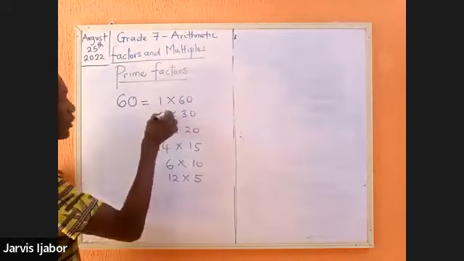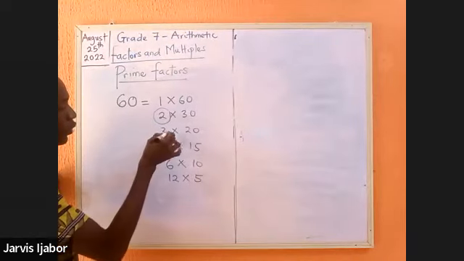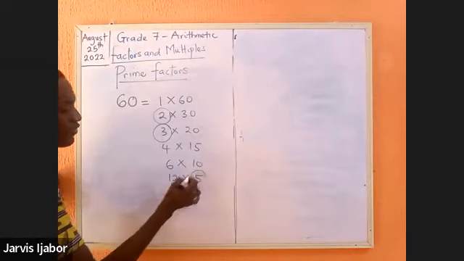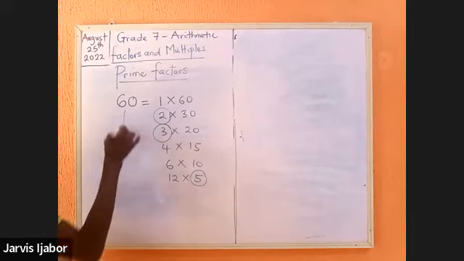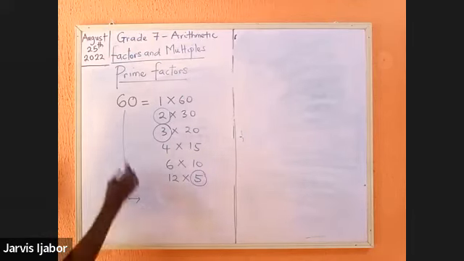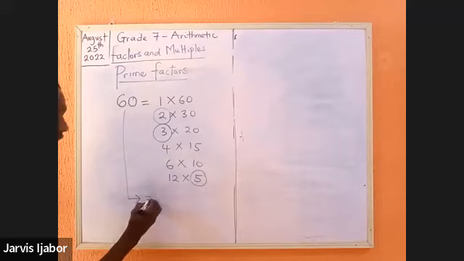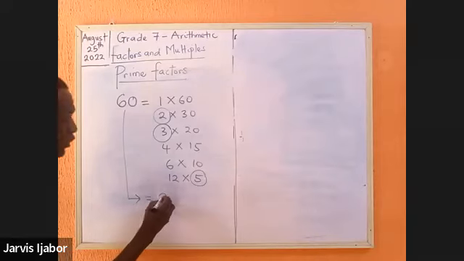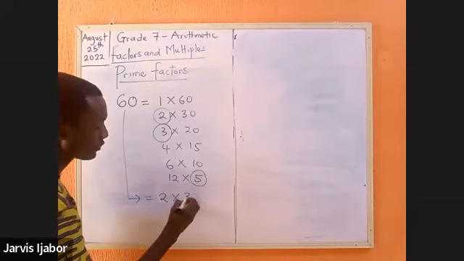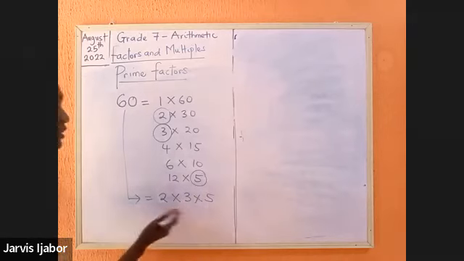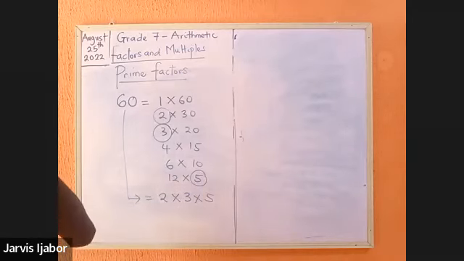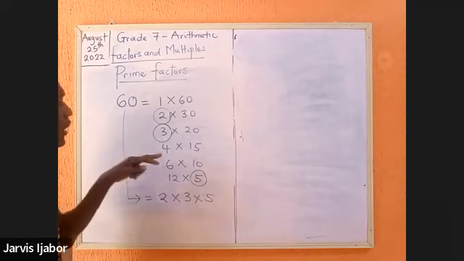So look at it. We're going to have 2, we're going to have 3, and we're going to have 5. If I'm going to write out the factors of this number, if I'm going to expand this now, these are the 3 numbers I'm going to have here. Now, look at 4.